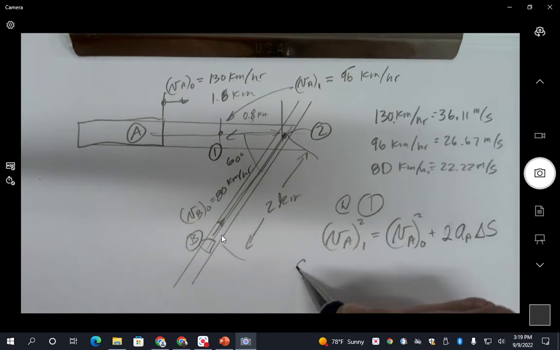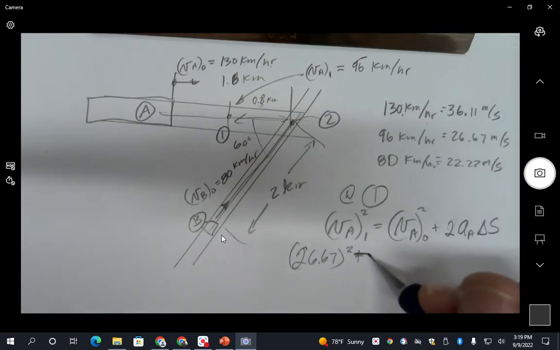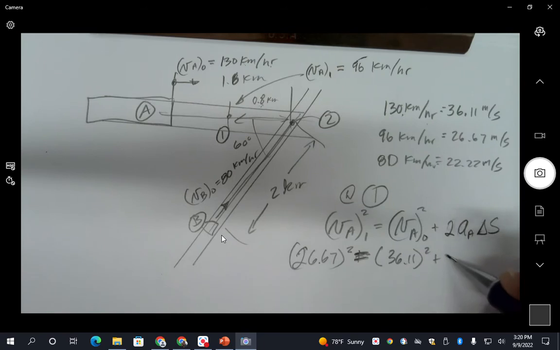So we go 26.67 squared equals 36.11 squared plus 2, and we're looking for A, that acceleration, and we now know it's gone 800.